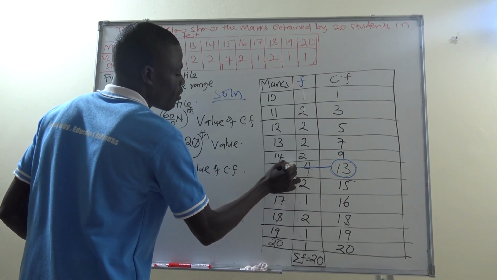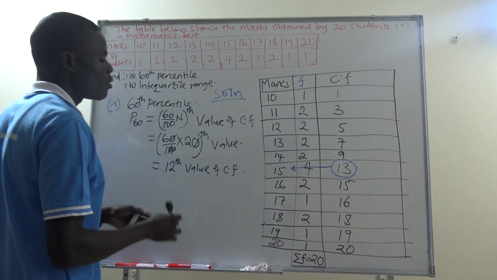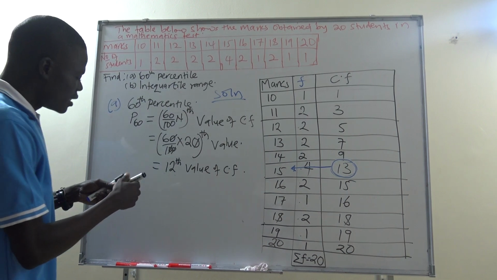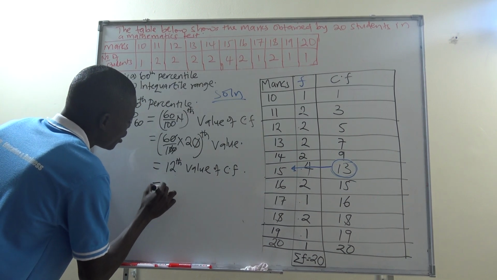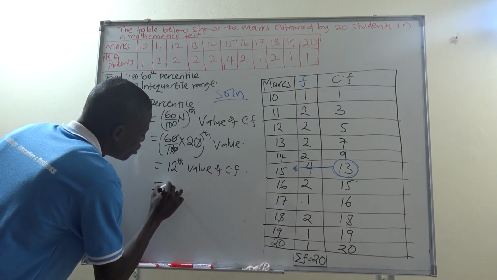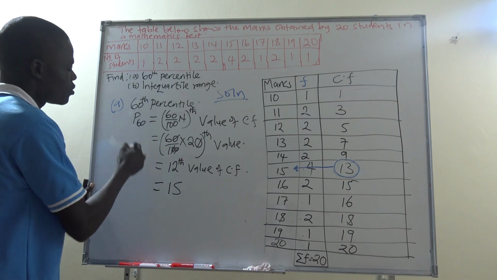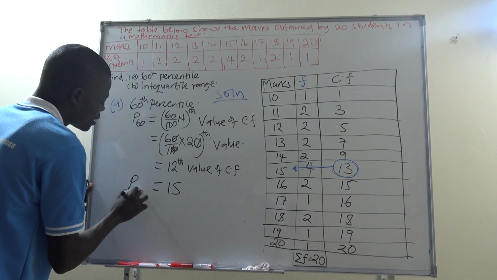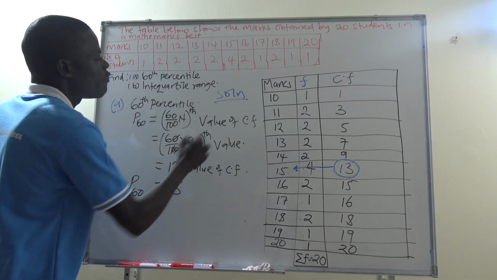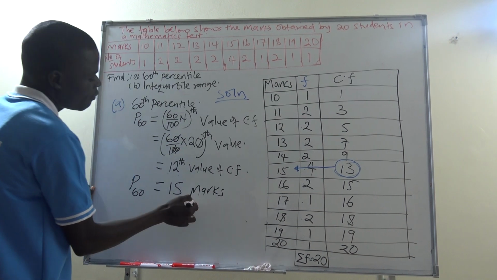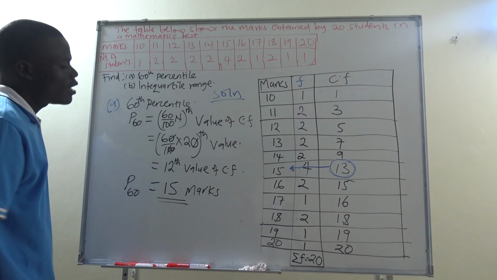Then therefore we come and read this variable which is the marks. So implying that the 60th percentile will be on those people, or the marks of 15. So the P60, which is the 60th percentile, equals 15, and those are marks. The 60th percentile is 15.